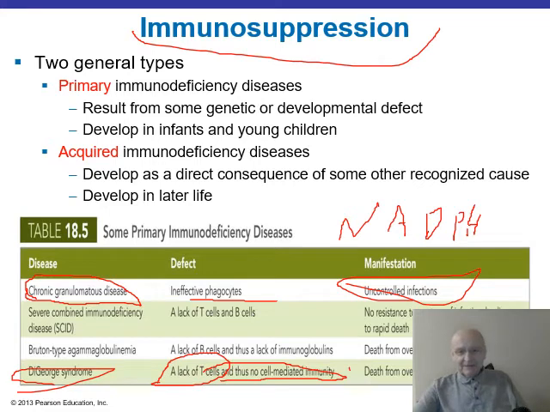So, you have a terrible problem here. Usually you get thymus transplants and so on. The most terrible one is where you have both a lack of T and B cells and you just die essentially pretty quickly.